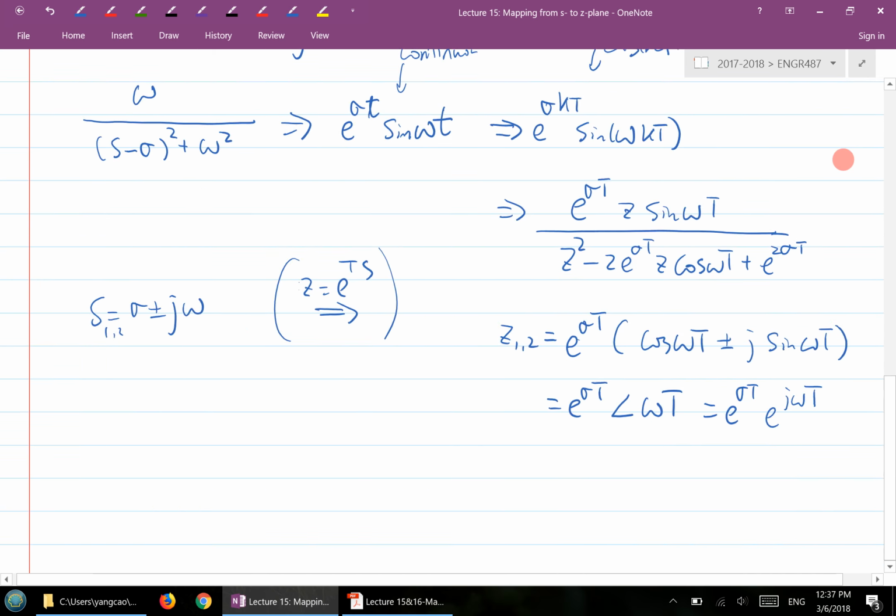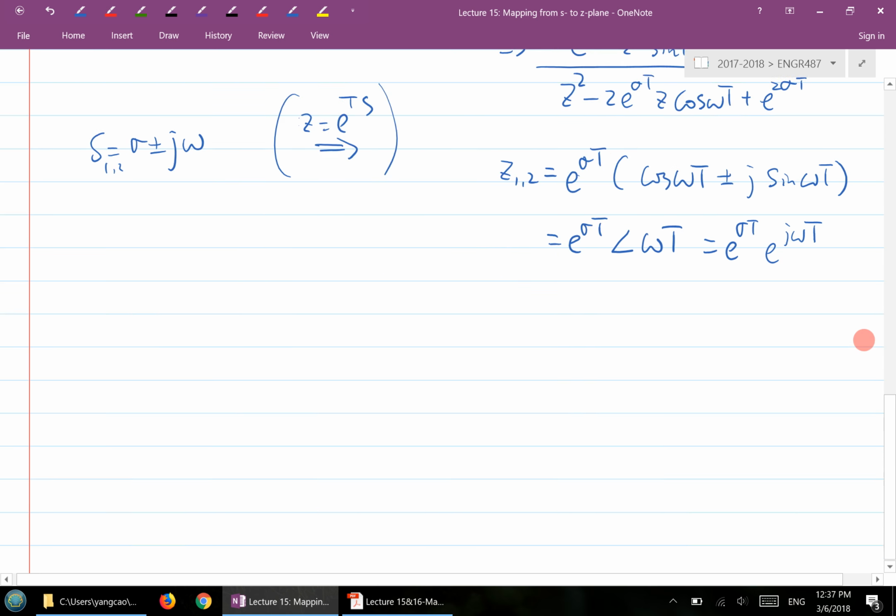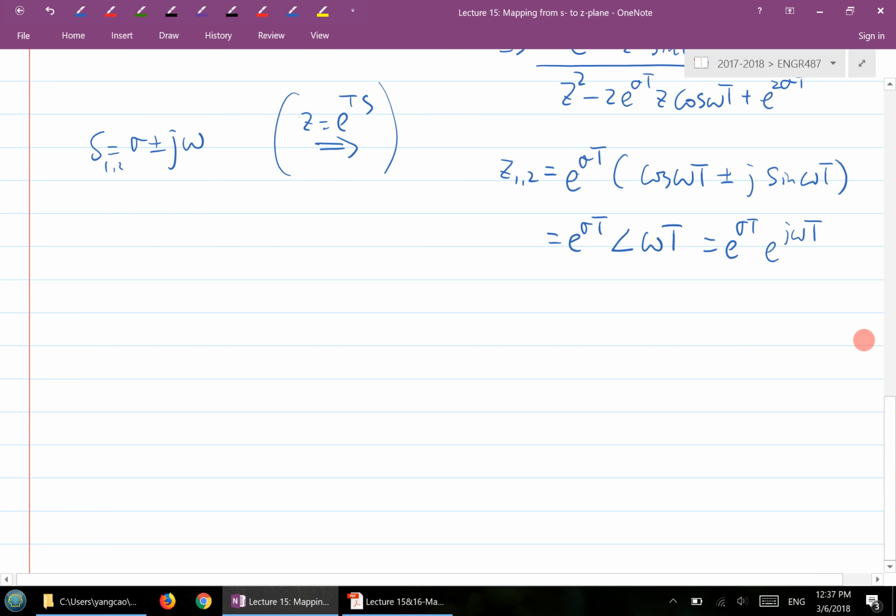The poles are mapped through that relationship. Before we dive into the detailed mapping, I wanted to cover one simple concept.